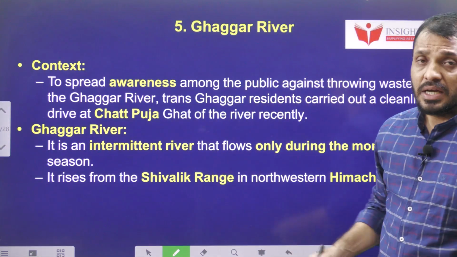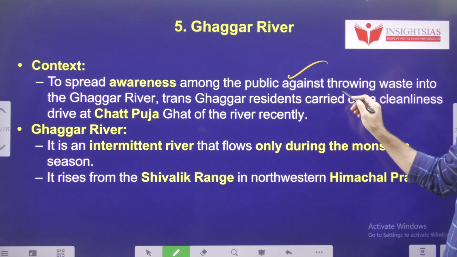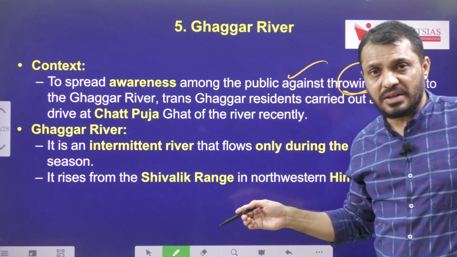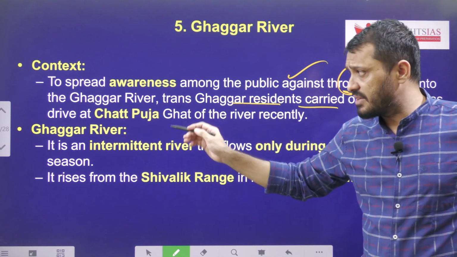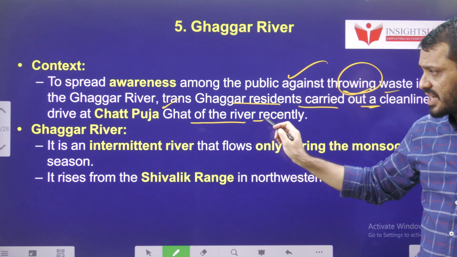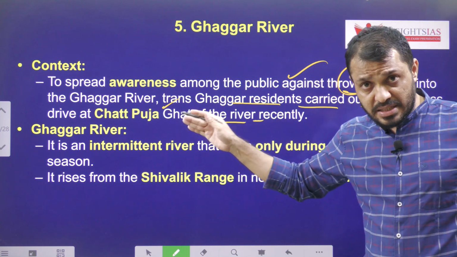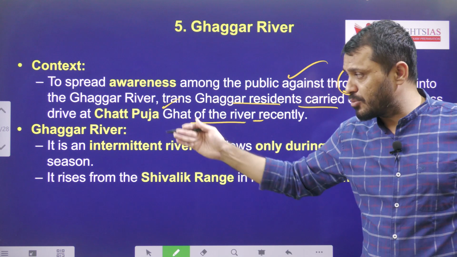In this aspect, we will try to understand the Ghaggar River and its historical significance, how it is related to the Indus Valley civilization and Vedic culture, its popular tributaries, and where this river drains. Recently, to spread awareness among the public against throwing waste into the Ghaggar River, the Trans Ghaggar residents carried out a cleanliness drive at Chhath Puja Ghat of the river.